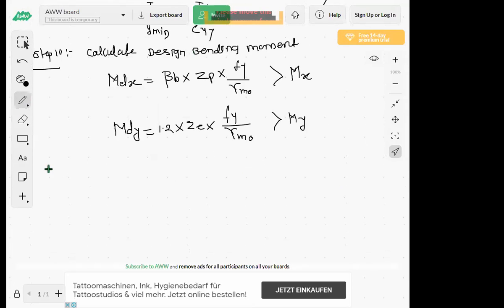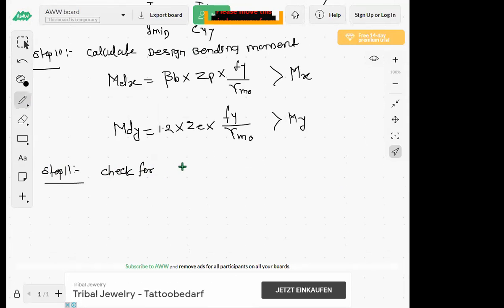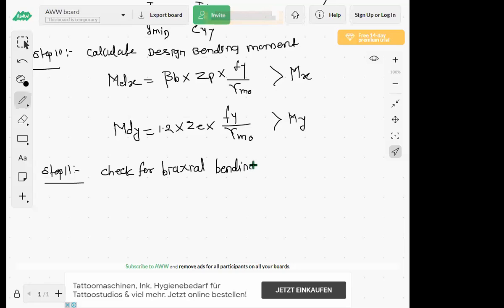Now the last step, step number 11. Now we have to take the check for biaxial bending. How do we take the check for biaxial bending?